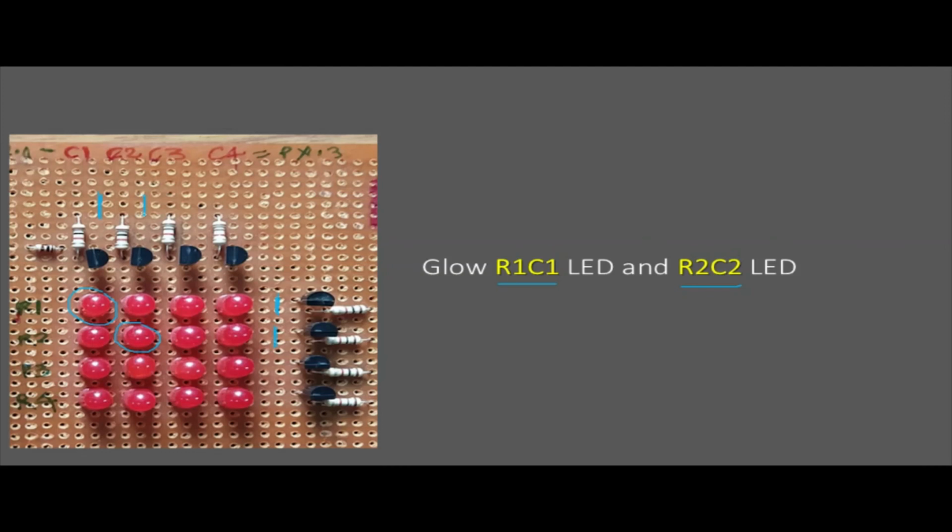But as the first row is getting 1 and the first column is getting 1, this LED will glow. But I am sending 1 to the second row as well as the second column. Indirectly, I am sending 1 to row 1, row 2, column 1, column 2. So these LEDs will also get included, and instead of these 2 LEDs glowing, all these 4 LEDs will be glowing. This is the drawback of the method which we have just used.